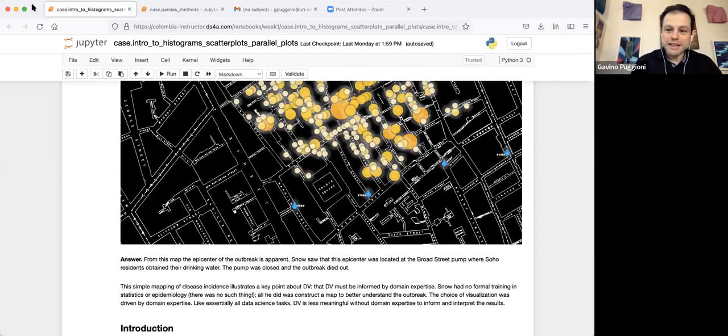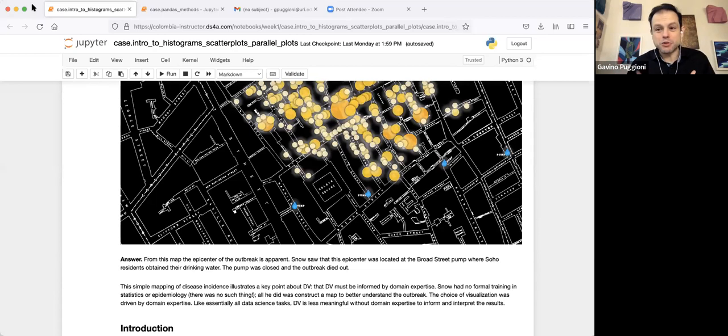So his knowledge about medicine helped in understanding and making sense of this map. So that's an important concept of data science. Technical expertise needs to come with domain knowledge, which means knowledge about the science, about the problem that you're trying to investigate.